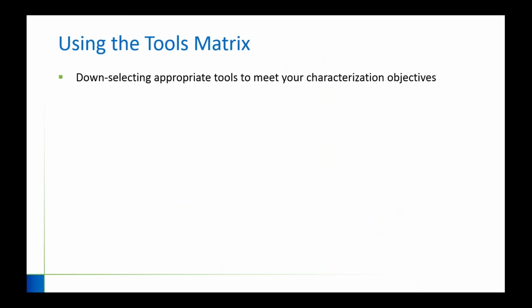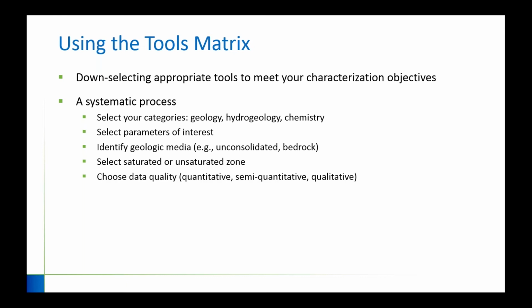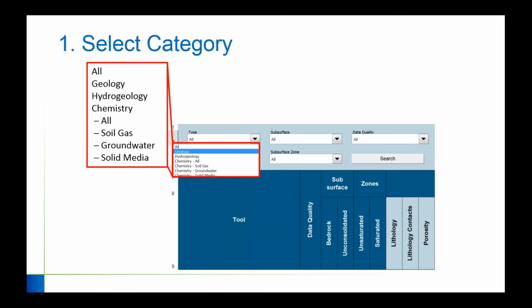If you're thinking about folding this into the integrated site characterization process, you're identifying data gaps like I discussed before, setting characterization objectives, and then you can consult this, using these different sortings to get you a list of things that you might consider at your site.